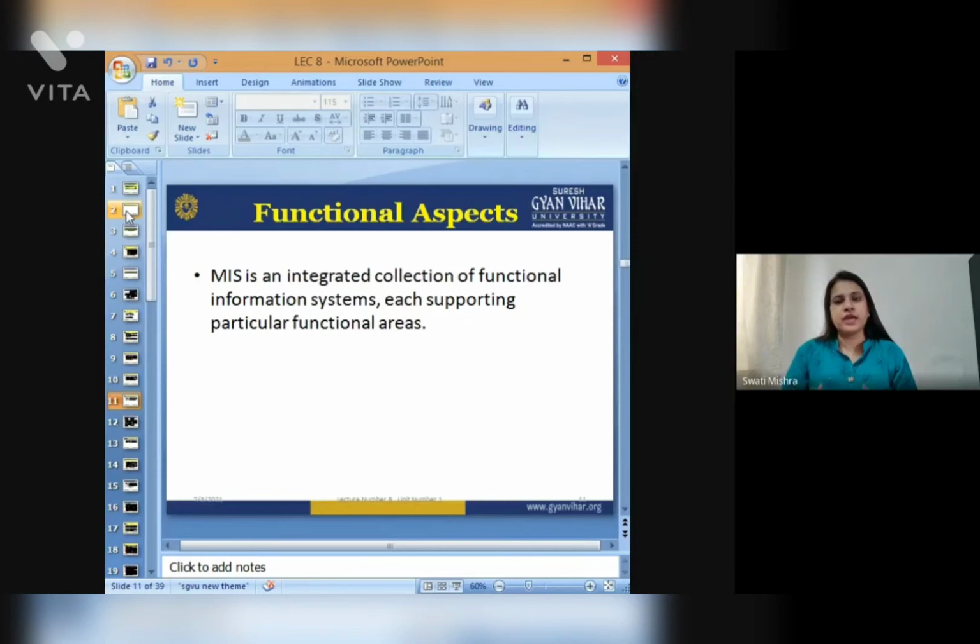So, as far as the functional aspects of MIS are concerned, MIS can be called an integrated collection of functional information systems, each supporting a particular type of functional area.